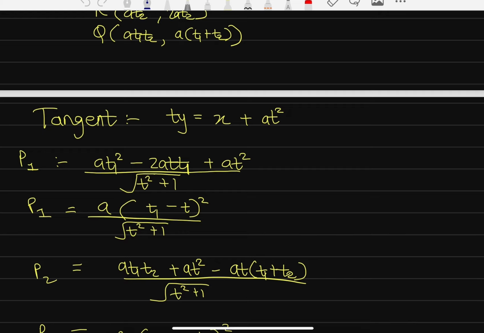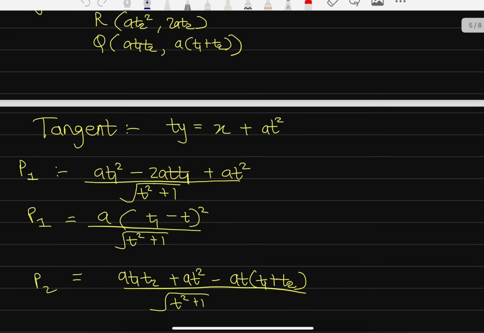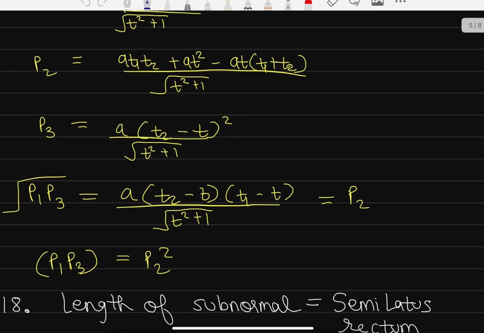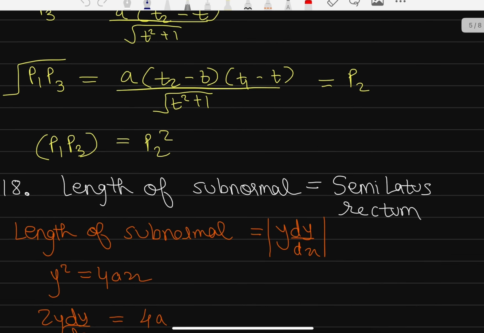So A T1 squared, 2A T1, and so on, in this line upon the under root of A squared plus B squared. In this case, under root of T squared plus 1. Like that we can find P1, P2 and P3. So we get P1 P3 equal to P2 squared. So P1, P2, P3 are in GP.